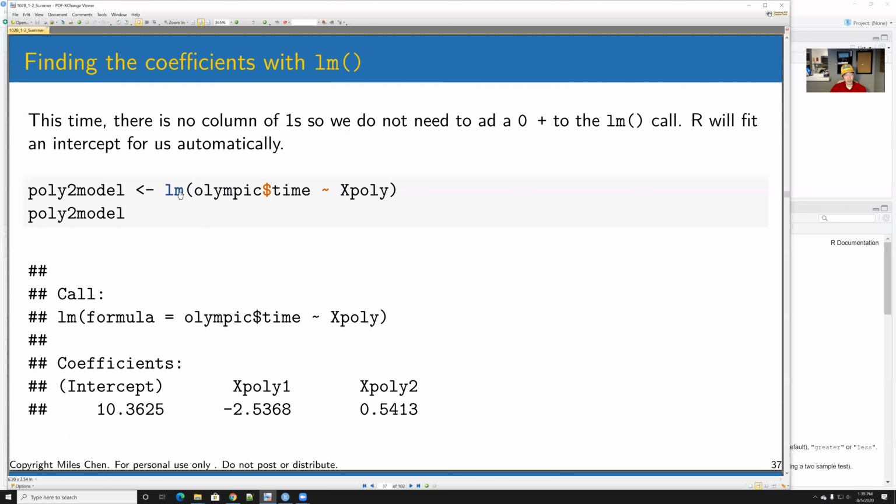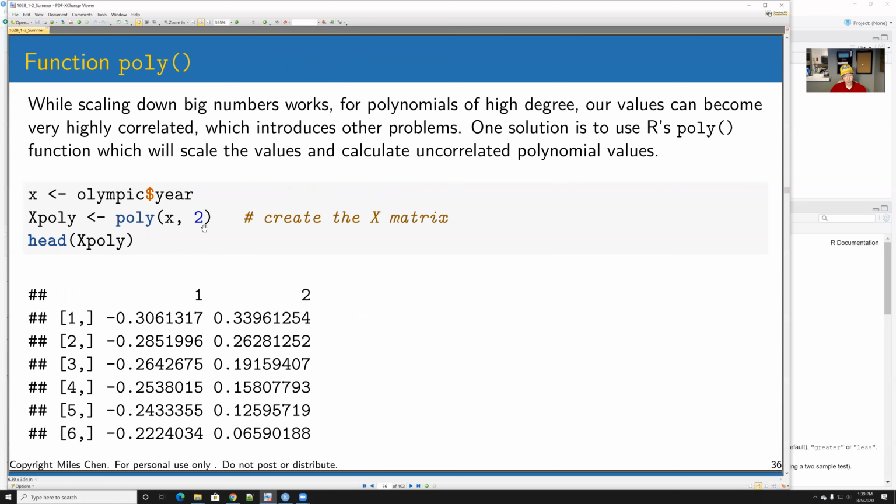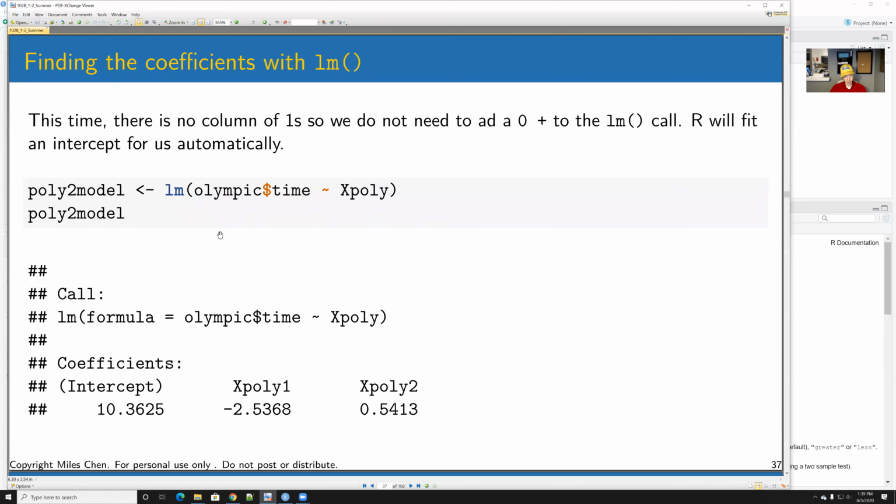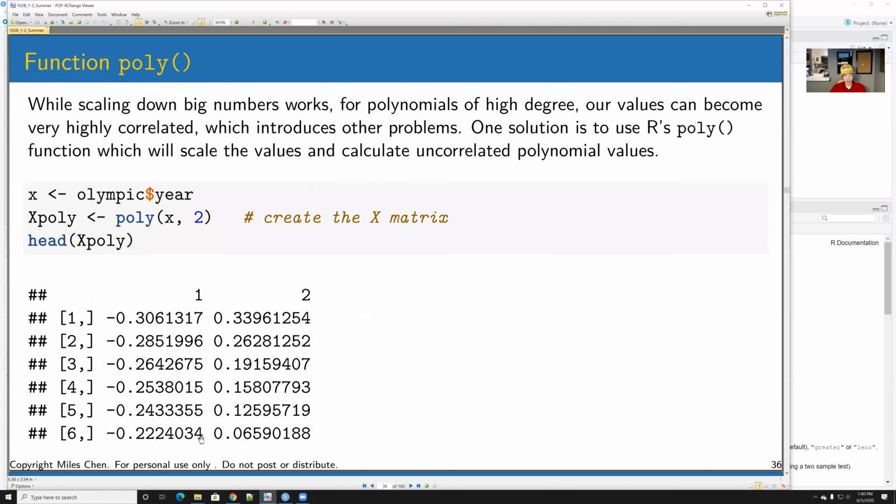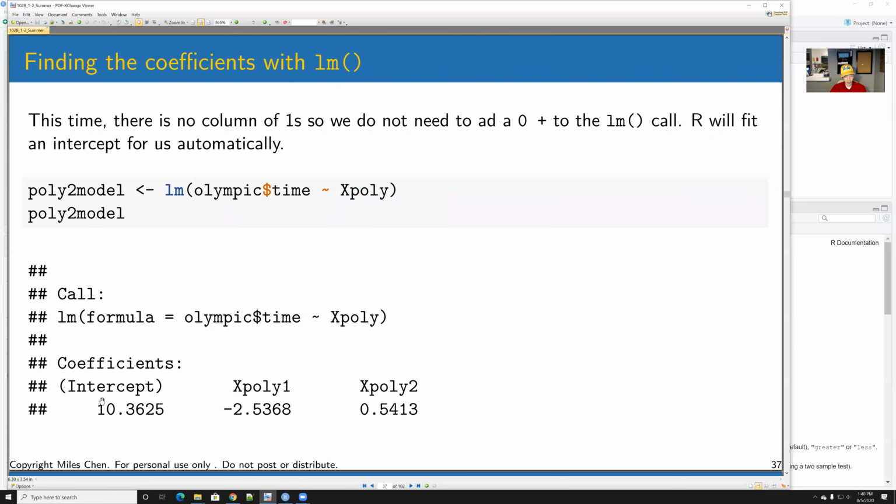Here is the linear model for x poly, which is a second order polynomial matrix. Again, we're using this mostly for prediction, so these coefficients don't have inherent meaning because they're being applied to the scaled values here. This coefficient has no intrinsic meaning, and neither do these coefficients.